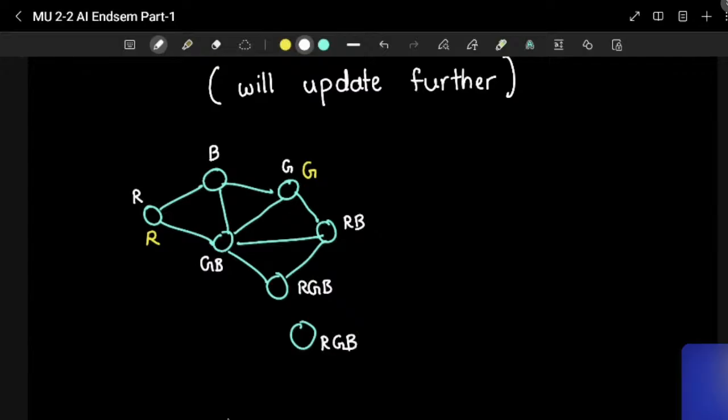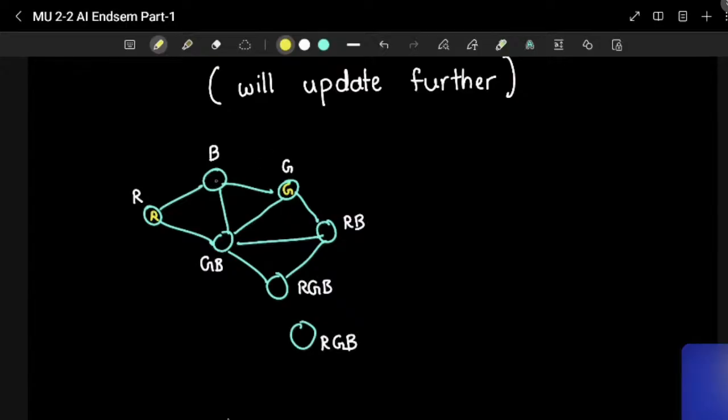So for the Australia map, what I've done is I've assigned two colors to two variables. This is the current state. You can look at the domain of every variable. R is R because it is R. This variable has G, so it can't have anything else in its domain.